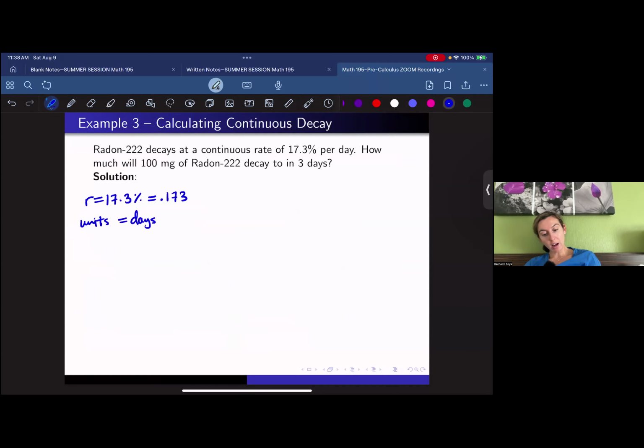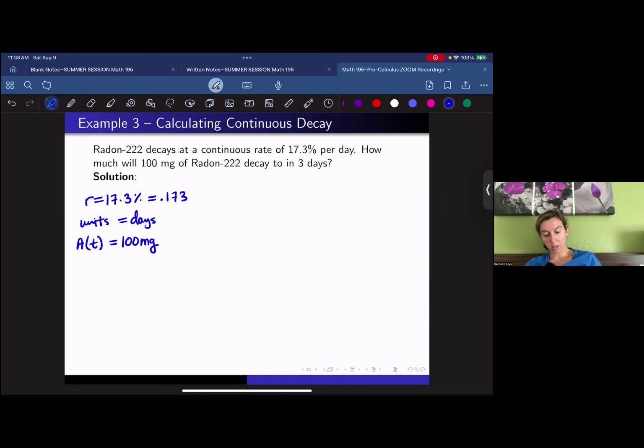We have how much will 100 milligrams of radon decay to? So our amount, we don't know what our time is, but we want our amount to drop down to 100 milligrams.